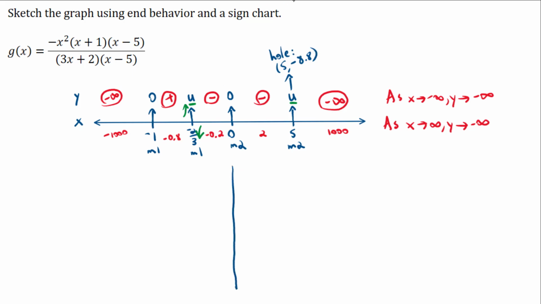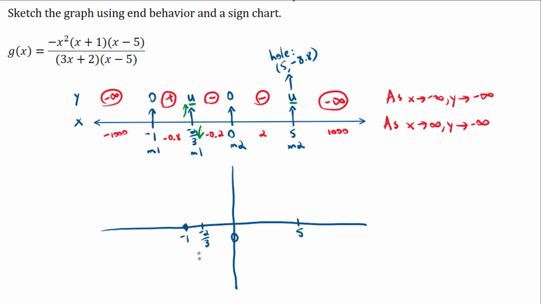Okay, so let's go ahead and mark all of our zeros and critical values. So we've got negative 1, negative 2/3, 0, and then 5's way over here. Negative 1 outputs a y value of 0. That means it's an x-intercept.